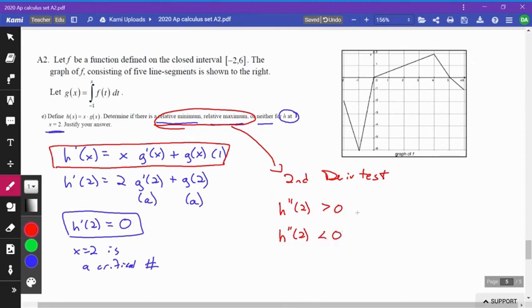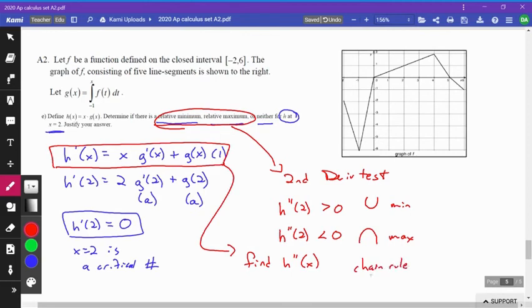If h double prime of 2 is greater than 0, that's telling me it's concave up, so it'd be a min. If h double prime of 2 is less than 0, that tells me it's concave down, so it's going to be a max. So take a second derivative. You're going to have to use the chain rule. Again, plug in 2 and see what you get.